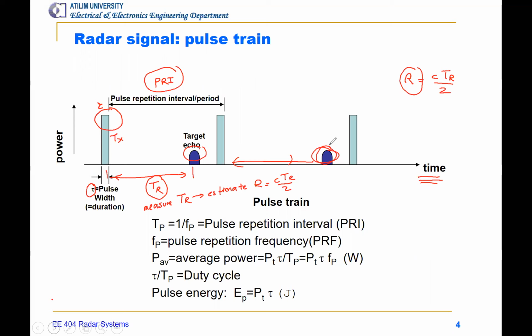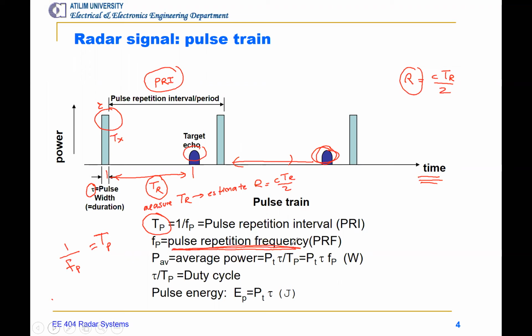So what other parameters can we use here? First, we define the pulse repetition interval, T_P. And since this is a period, we can define frequency as its inverse, F_P equals 1 over T_P, which is called the pulse repetition frequency.